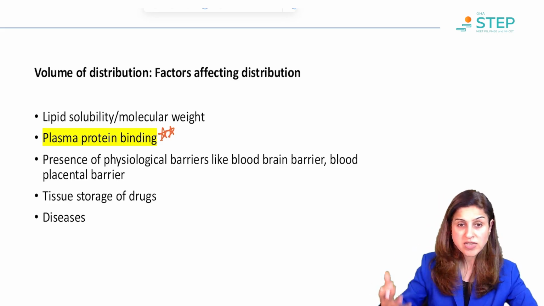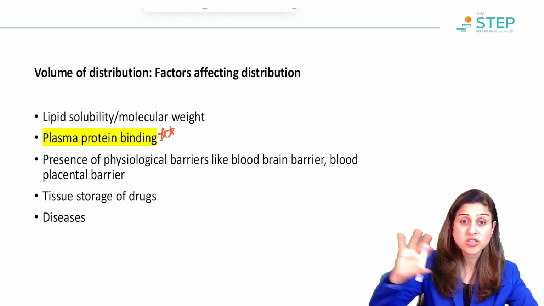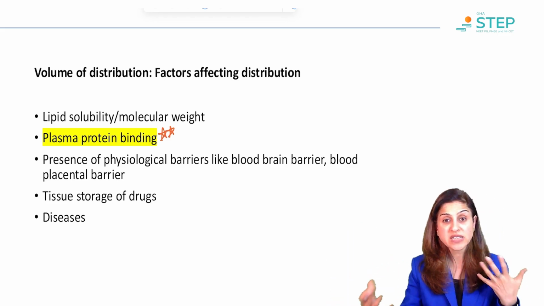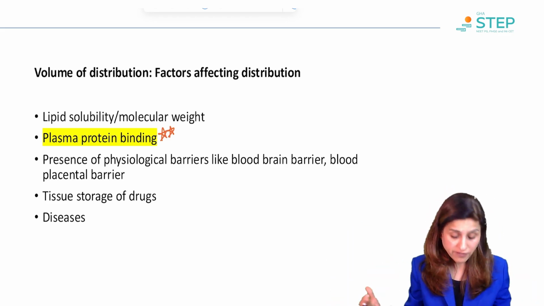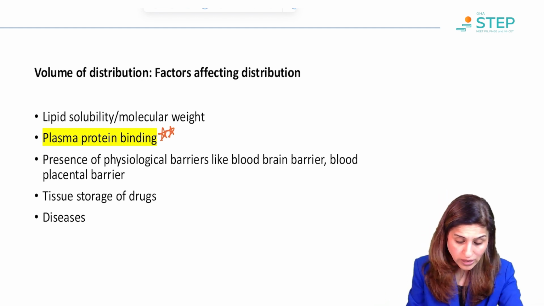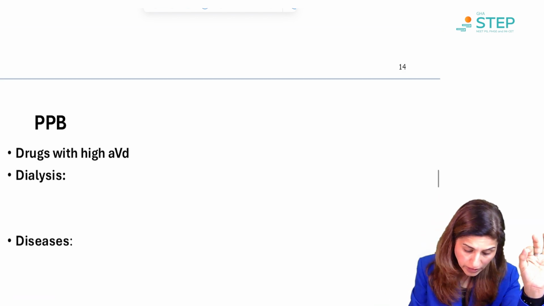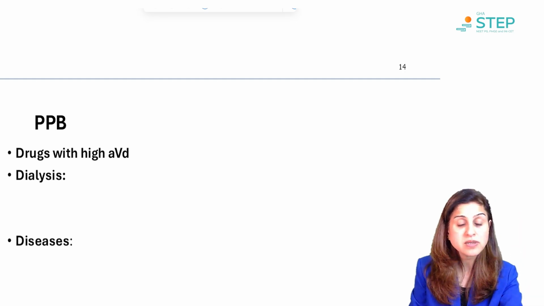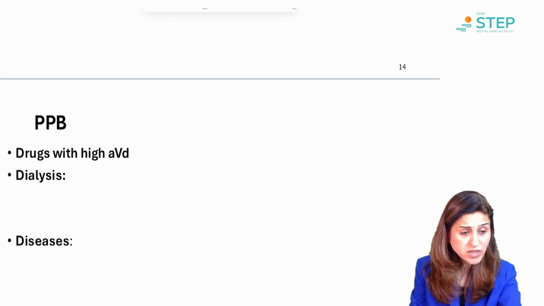When drugs have very, very high volume of distribution, they usually get stored in the tissues, so we see that the volume of distribution is apparently very high. Then diseases can affect the volume of distribution as well. Let's focus mainly on plasma protein binding, because this is the most likely question that is asked.